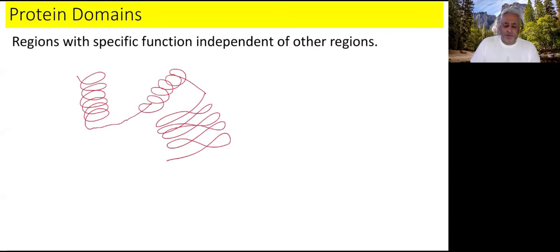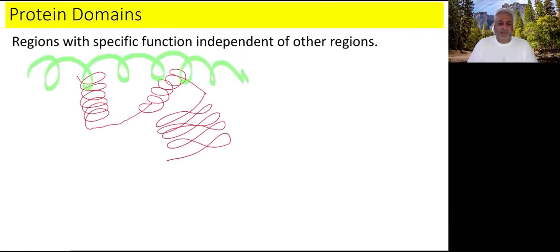Pretend that that structure here forms a role inside the cell, and that those two alpha helices and that beta sheet are necessary to form a shape that binds to DNA, right? So here's some DNA, and that shape is necessary to bind to the DNA.